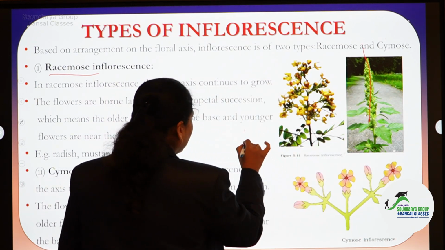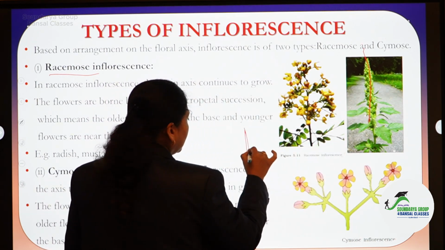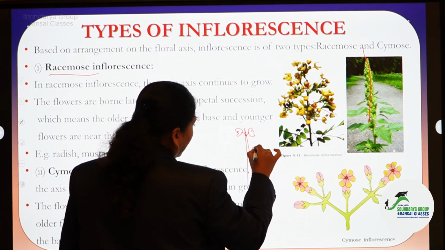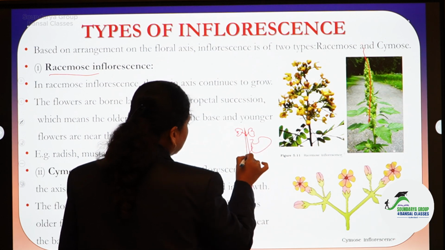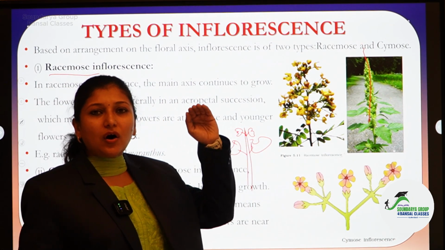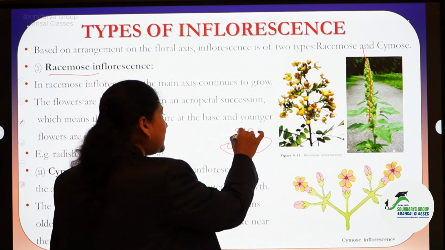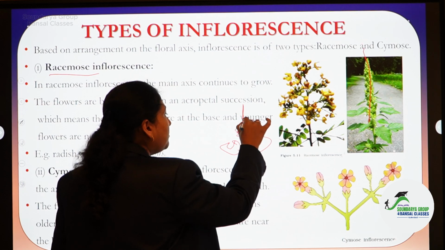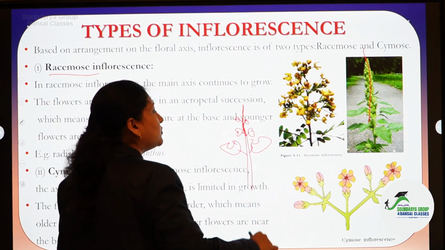I'll draw here. If this is your tip, you have younger flowers towards the tip and older flowers towards the base. Young always towards the tip, but the tip is free. So after some time the tip will again be growing and more young flowers will be growing towards the tip.